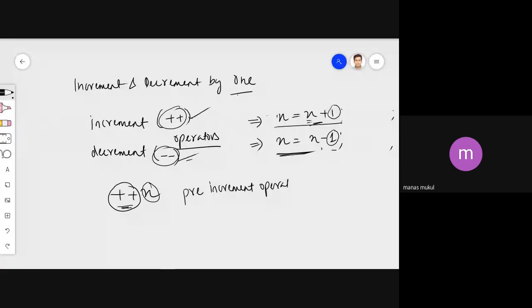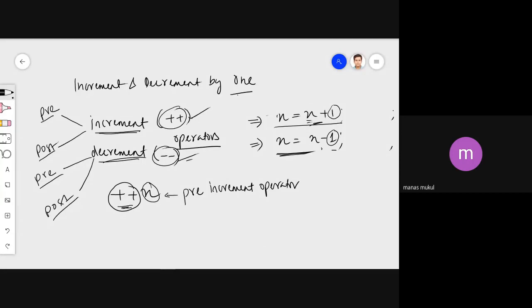That means there are two versions of this: pre-increment operator and post-increment operator. Along with this, you will have a pre-decrement operator and a post-decrement operator. So you have pre-increment, post-increment, pre-decrement, post-decrement. Okay, so this is an example of pre-increment operator.